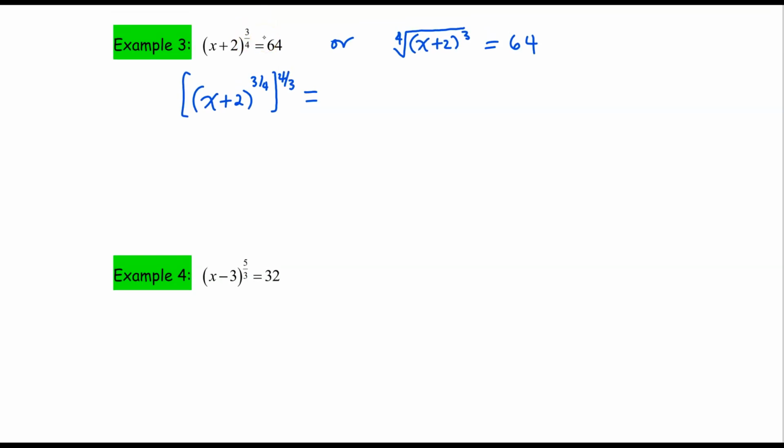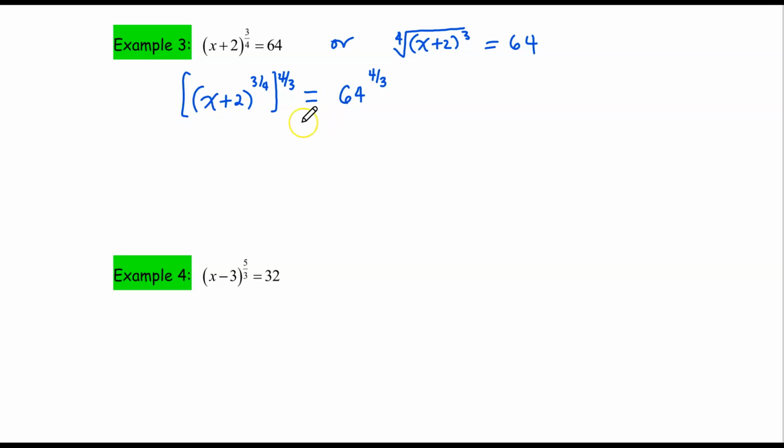And you do that same thing to the other side of the equation, raised to 4/3. Now, we will not worry about adding the plus or minus sign because the numerator here is 3, which is an odd number. So we will only have 1 root in that case.